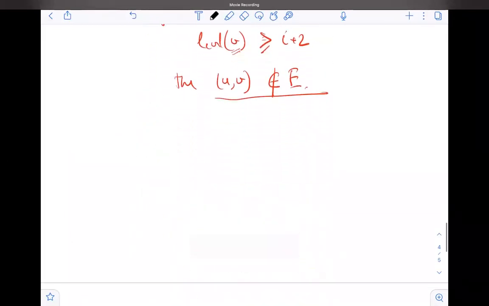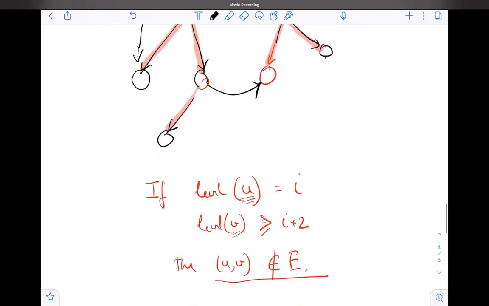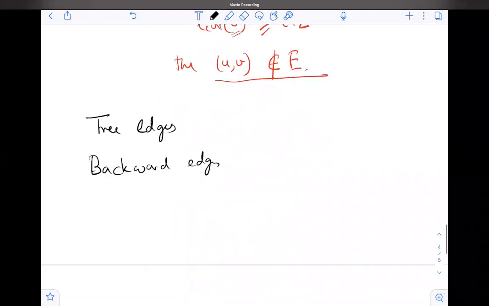So you can have free edges. You can have backward edges. Backward edges are very much possible, that is no problem. What are backward edges? There can be an edge like this. That is perfectly fine. So there can be free edges, then backward edges, and then there are cross edges.